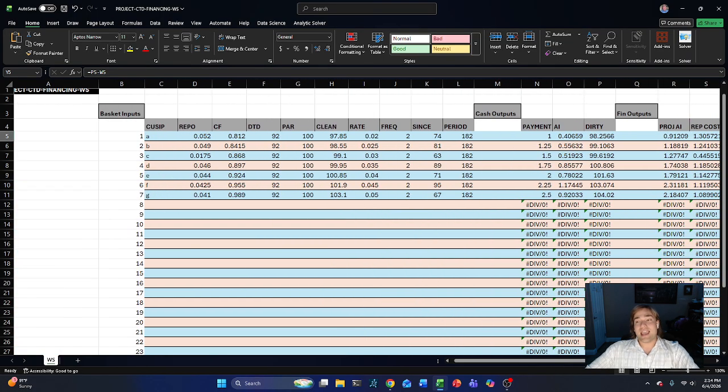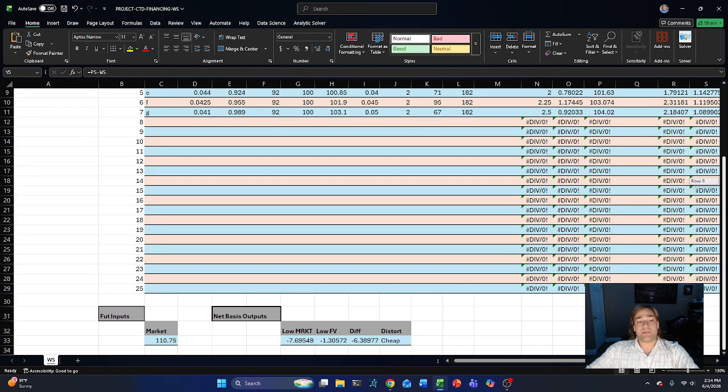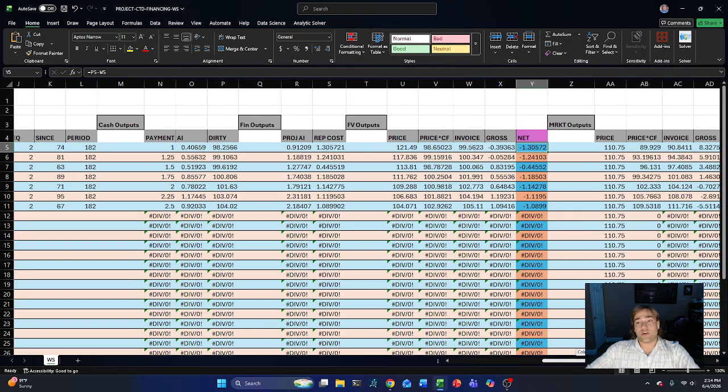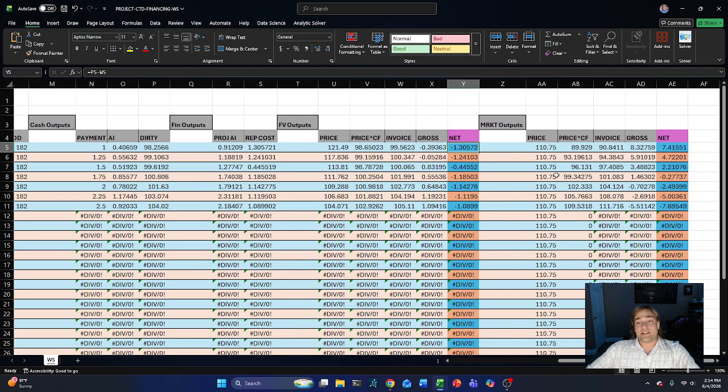And then this next one is where we put in the market futures price. So let's say this is a ZN contract and this was the market price. Now that's going to input all the way here, and we convert those prices once again. We do the same formula for invoice.